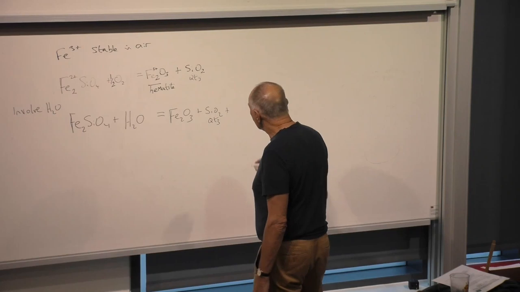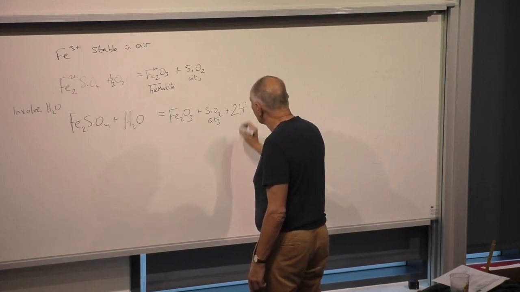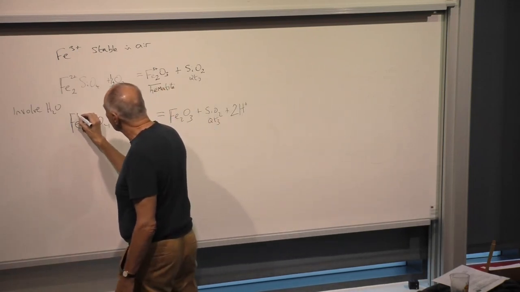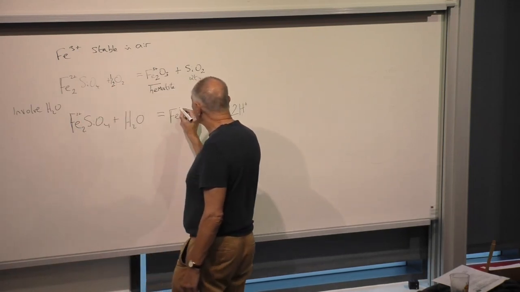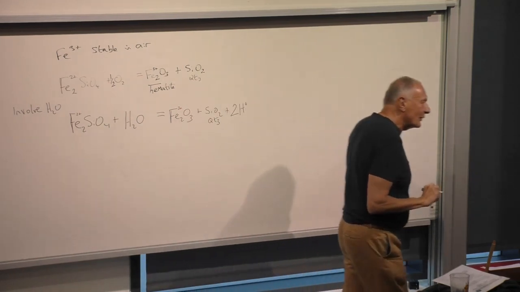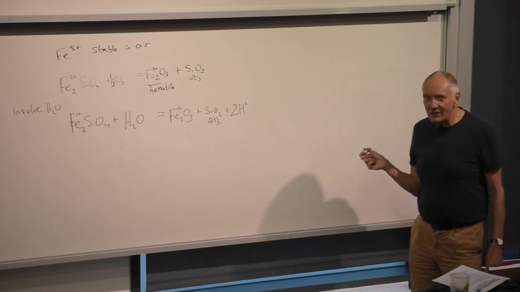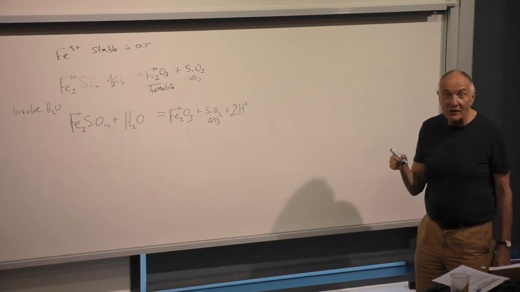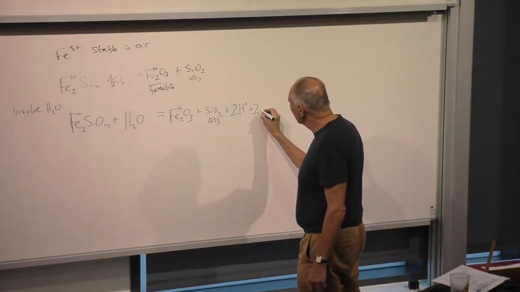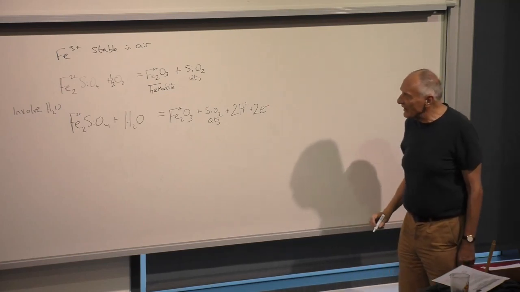And now we release 2H+. And we've gone from Fe2+ to Fe3+. And of course, going from Fe2+ to Fe3+ is an oxidation process, but equivalently to that, it is a loss of electrons. So we have 2 electrons, like so. That's another way of writing a balanced reaction.